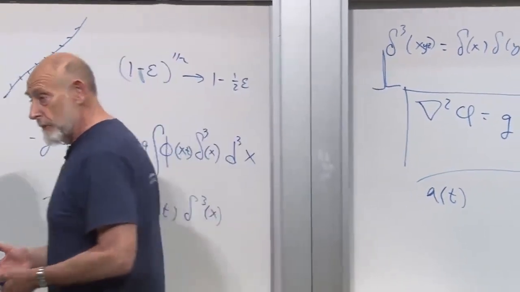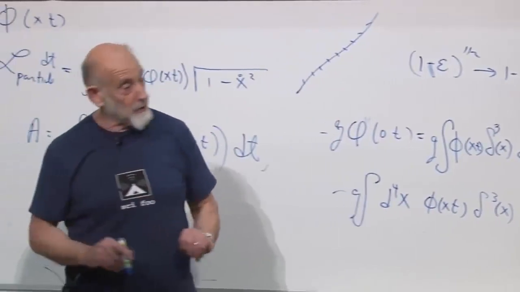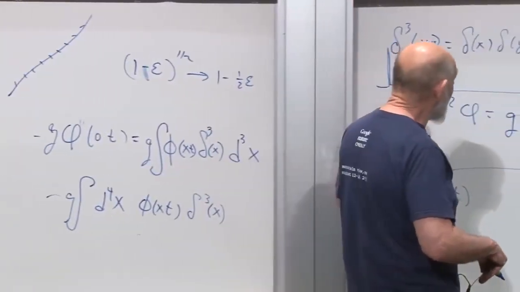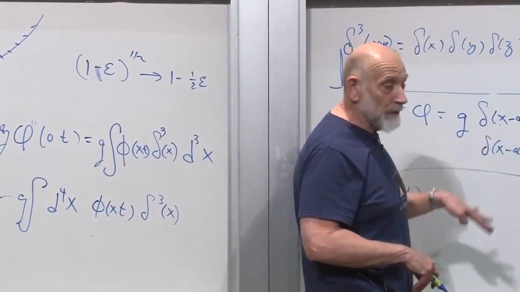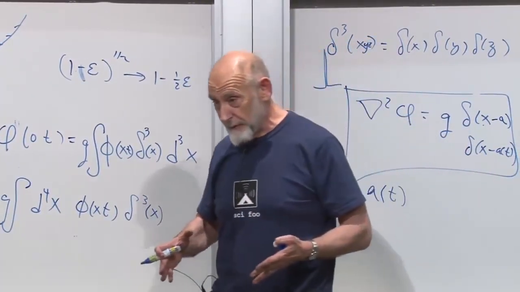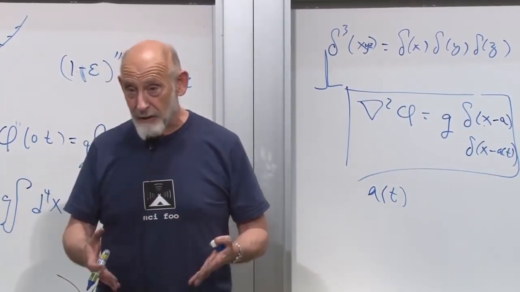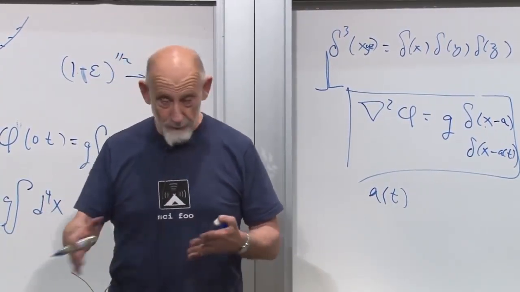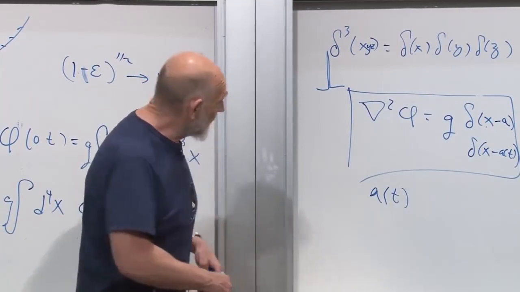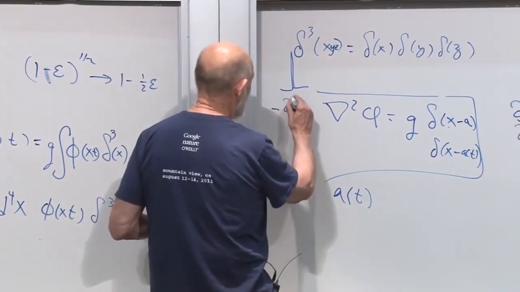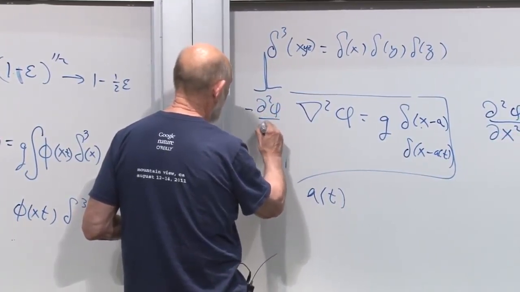The only thing is, if we did have the particle moving, we wouldn't expect the field to be time independent. If the particle is moving around, obviously the field will depend on time if the source of the particle is moving around. And so we would have to put back the other term here, minus d second phi by dt squared.